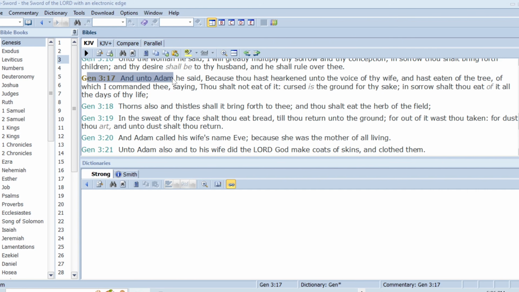In Genesis 3:17 we read, and unto Adam he said, because thou hast hearkened unto the voice of thy wife, and hast eaten of the tree of which I commanded thee, saying, thou shalt not eat of it, cursed is the ground for thy sake. In sorrow shalt thou eat of it all the days of thy life. Thorns also and thistles shall it bring forth to thee. It's the very first punishment given as a result of man's disobedience or sin.